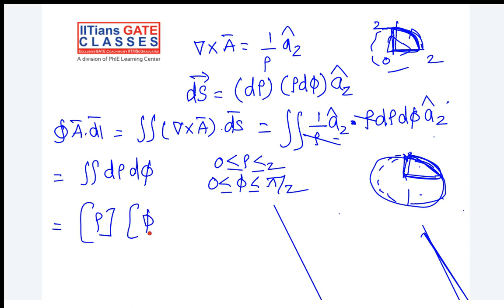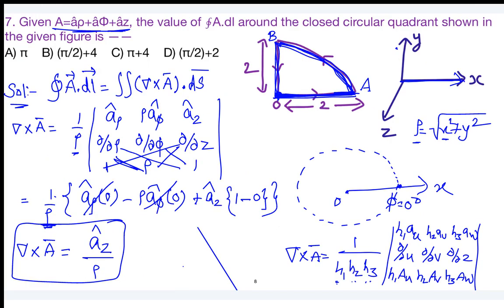Sir, why is the limit for rho 0 to 2? Is it the shift in x? Shift in X or shift in Y? If you are moving in X, what variation do you get? Let me open that slide. If you are moving from O to A, you can see here there is only variation in X, right?